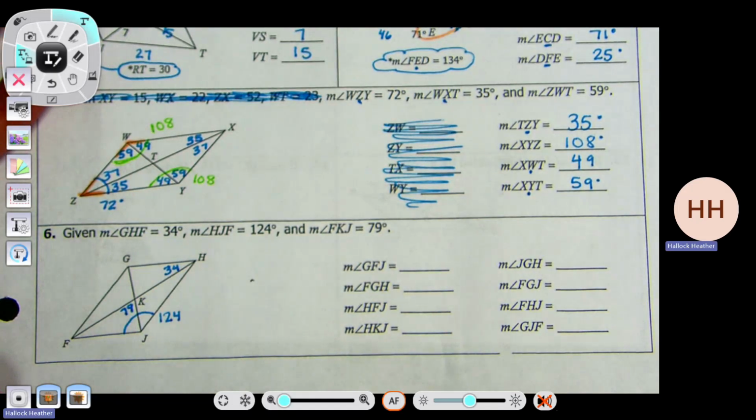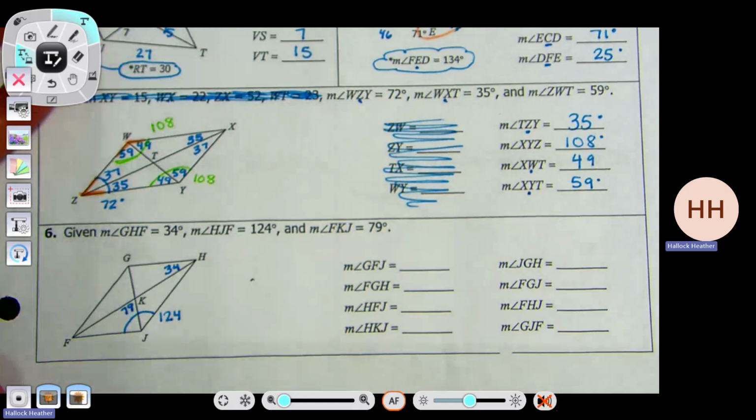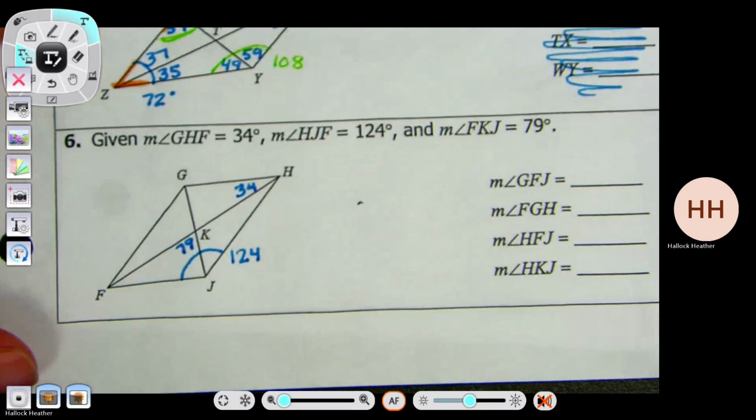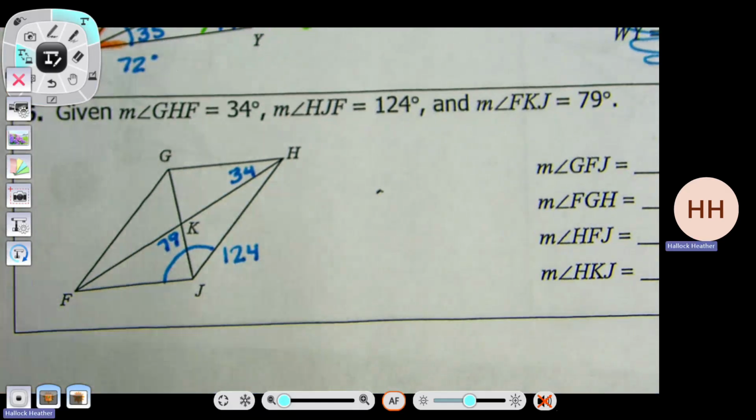Your angle should be looking like this. The little skinny piece at the top is 34. The whole J is 124, and then 79 is kind of awkward. 79 is inside this little shape, like this corner in the shape.